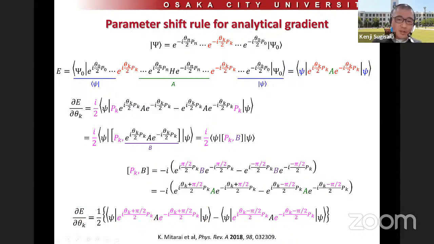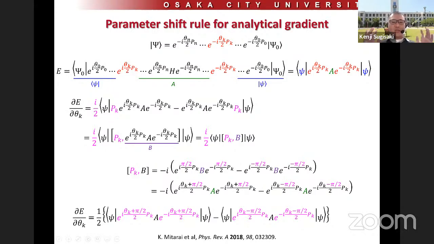So as you can see, these terms can be calculated by using the quantum circuit by substituting theta k by theta k plus pi over 2. And this term can be calculated by using the quantum circuit by substituting theta k by theta k minus pi over 2.